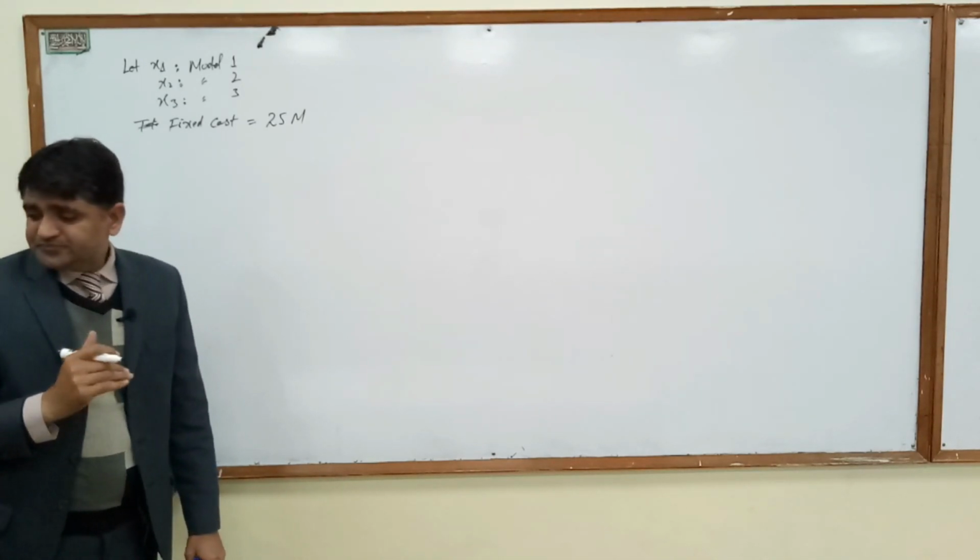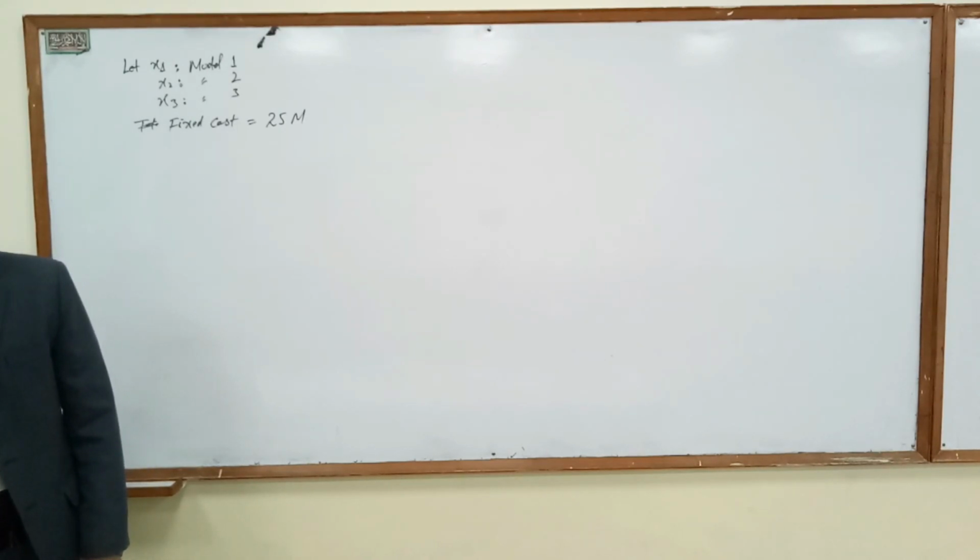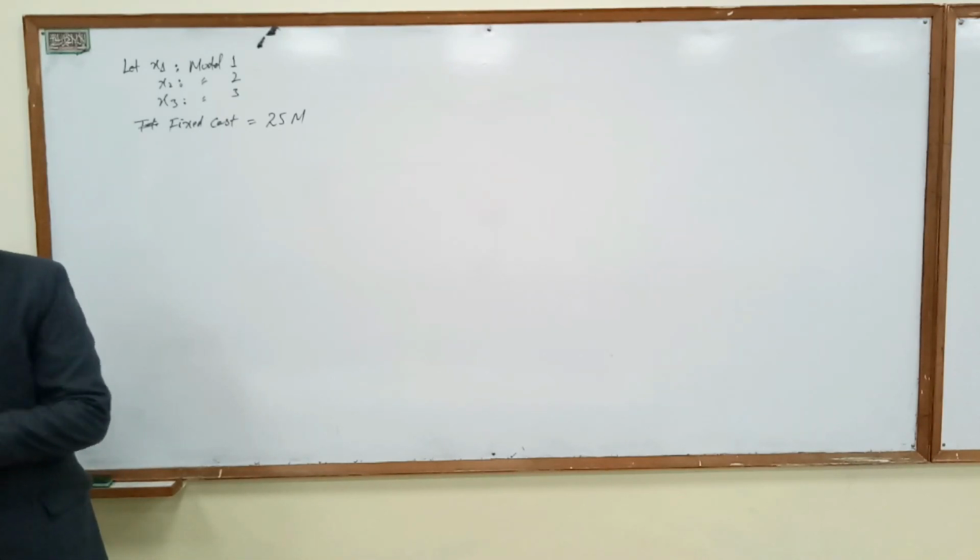Okay, if we look at the price, the wholesale price per unit of model 1 is 500, model 2 is 1000, and model 3 is 1500. So what is part A?